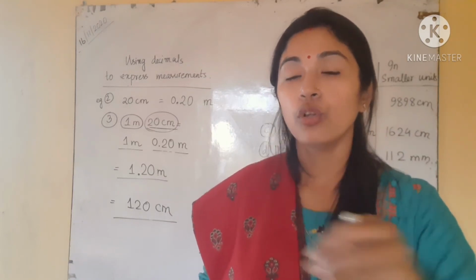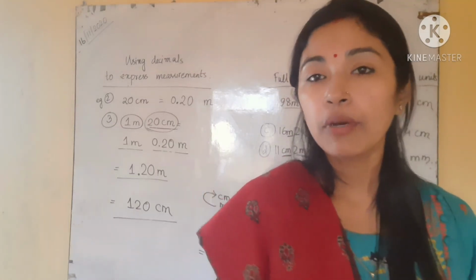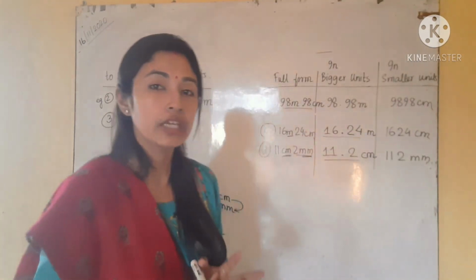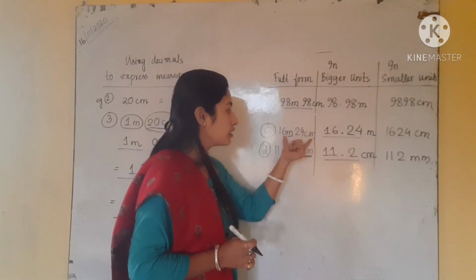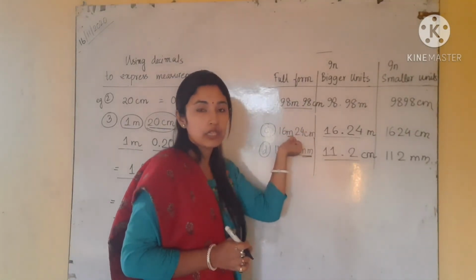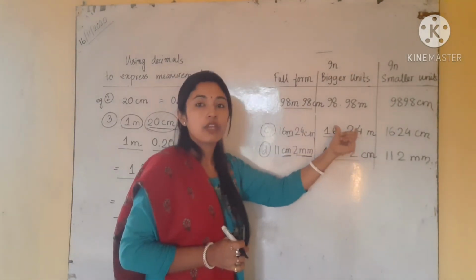You have to go through the calculation part also. If they have different units, just put the decimal in between them, and you will get the number in the bigger unit. I have given you the easiest way.